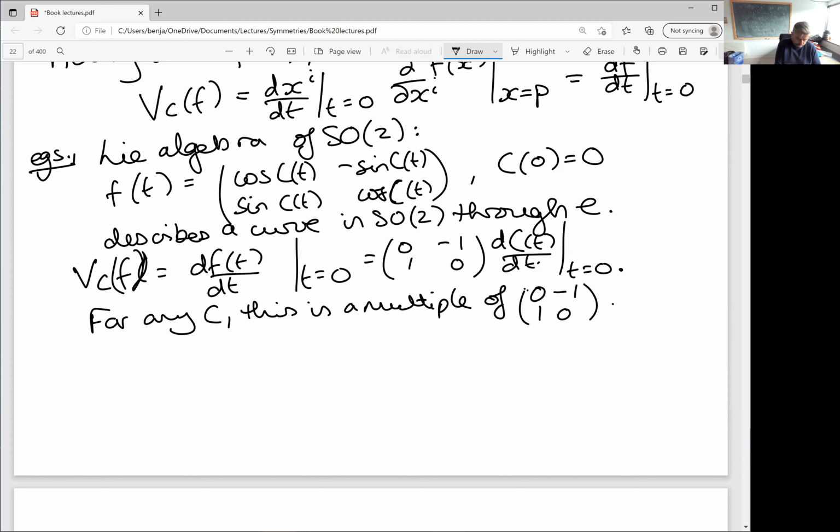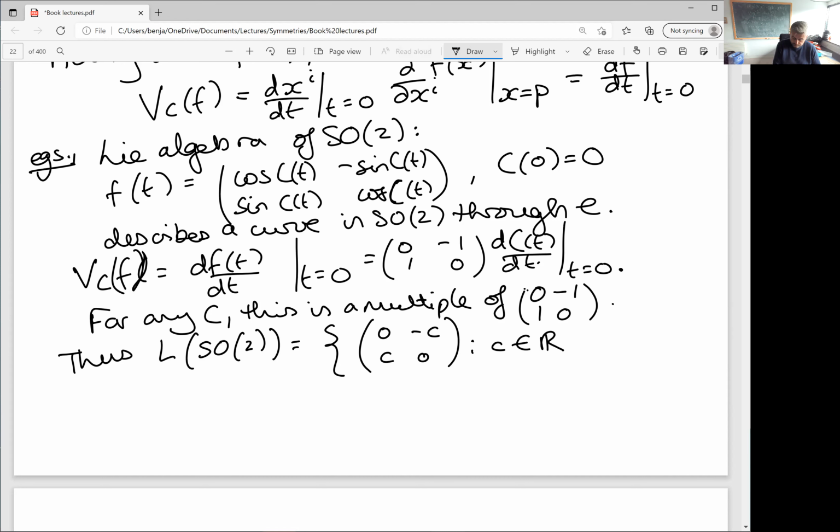So therefore, our Lie algebra elements of SO2 is the set of all matrices that look like this, where little c is real now. So a comment is in order. Notice that this Lie algebra isn't in the initial group, at least for c not equal to 0.